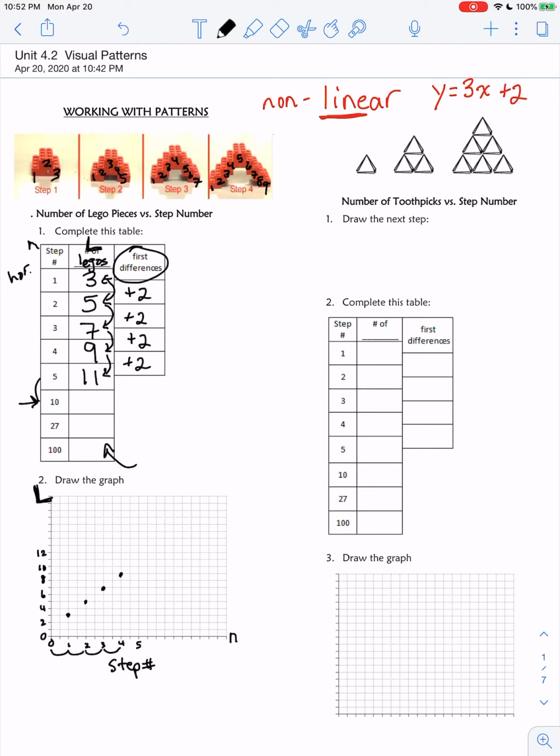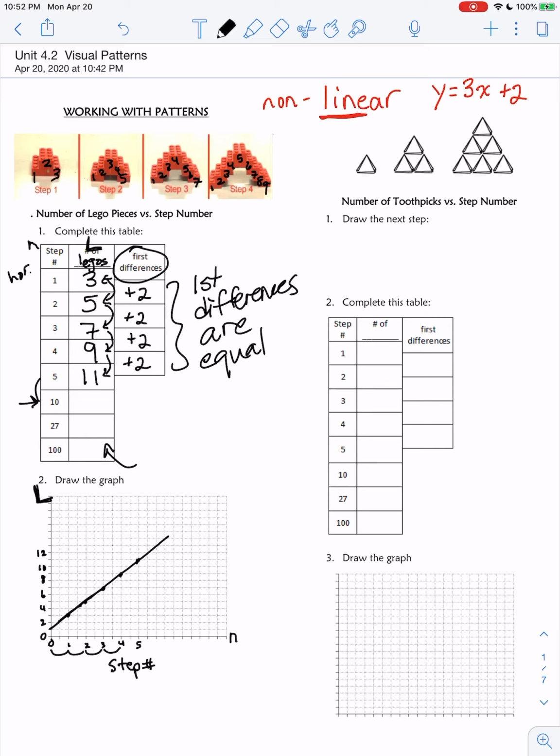And if I follow the same pattern, step 5 is at 11. And so we do get a straight line. Okay, so we notice that all of the first differences are equal.